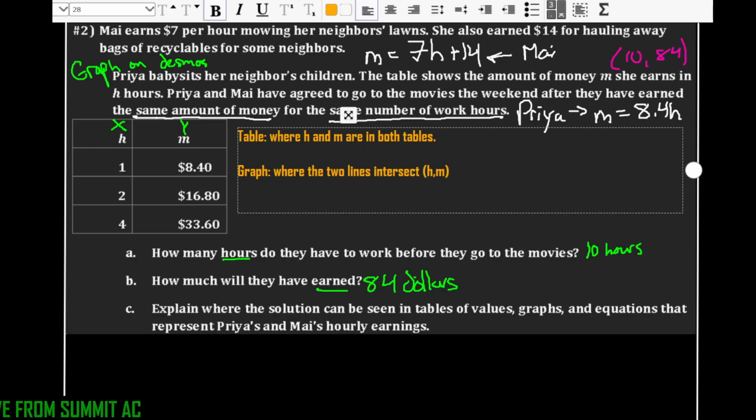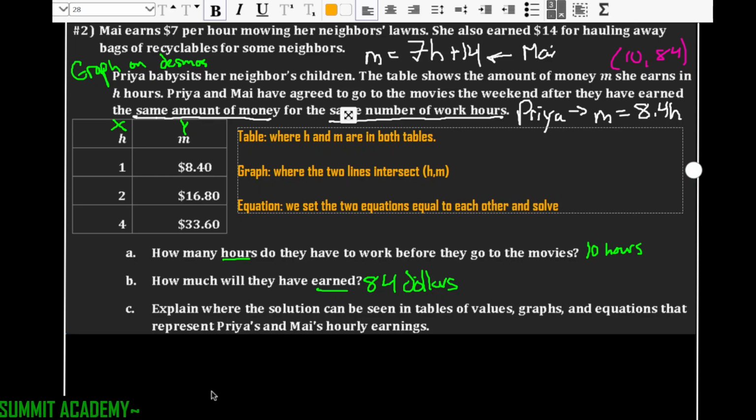And for the equation, we set the two equations equal to each other and solve.